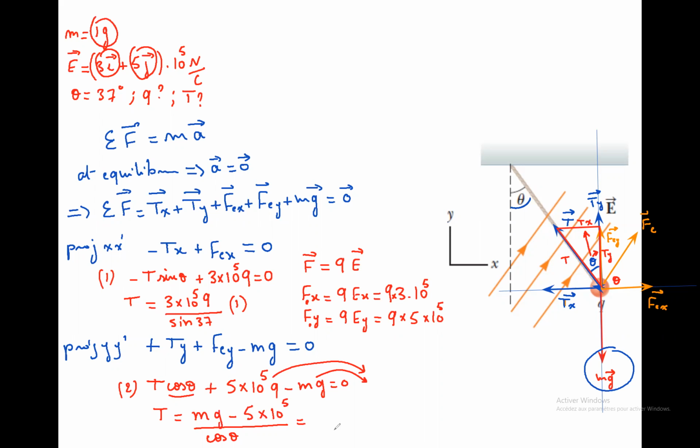You have to put it in kilogram, equal 10 power minus 3 kilogram. M times g equal to 10 minus 5 times 10 power 5 divided by cosine 37.